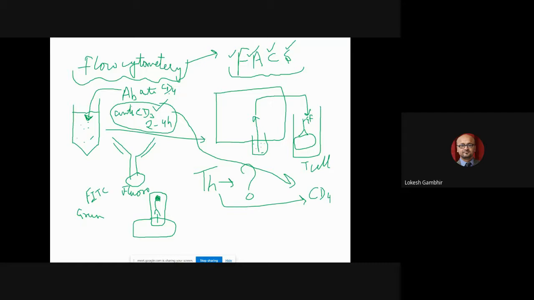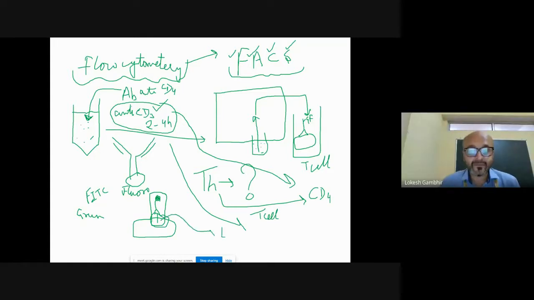Now, when I say a statement that T cell receptor is this, somebody in the past must have isolated the T cell first, and from that T cell, isolated this particular receptor from the membrane, stabilized it, and then studied it, and then a single statement was given that it contains alpha and beta chain.